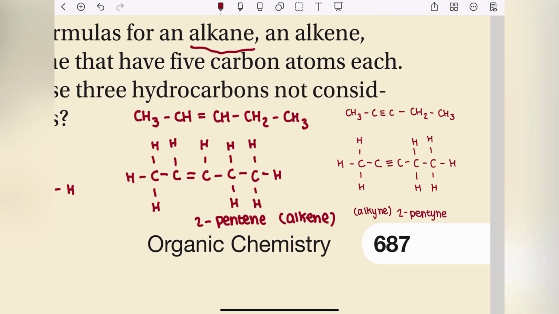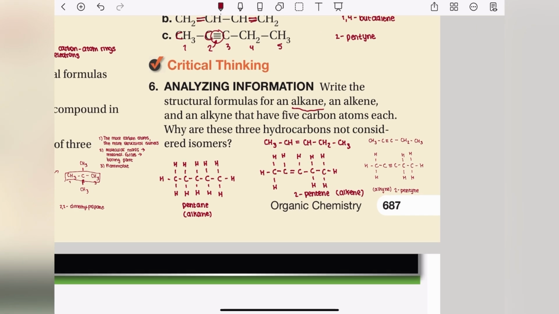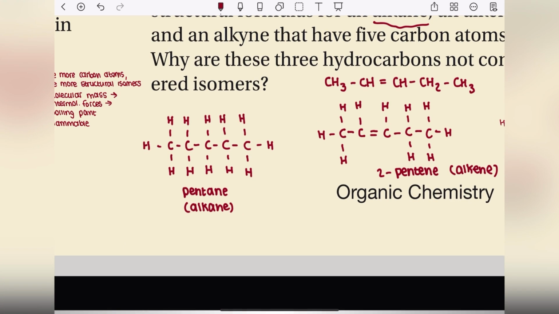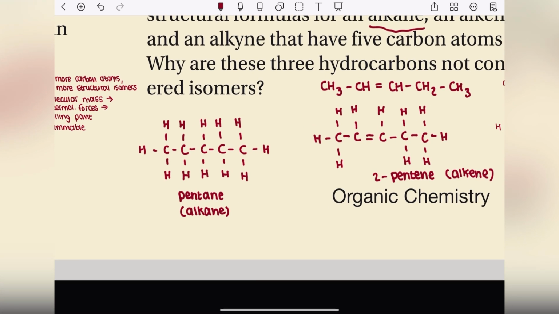Now, these hydrocarbons are not considered isomers of each other because their molecular formulas are different. So since this is an alkane, its molecular formula corresponds to the general formula for alkanes, which is CnH2n+2.